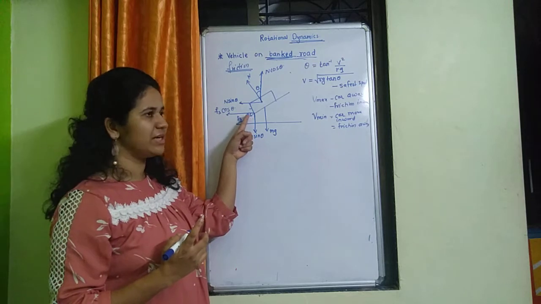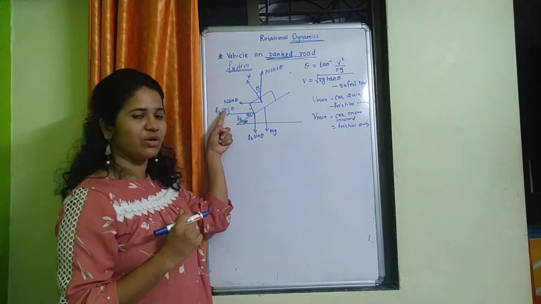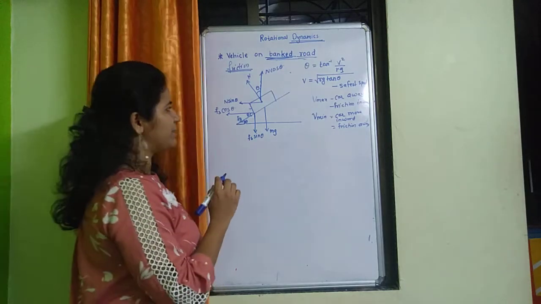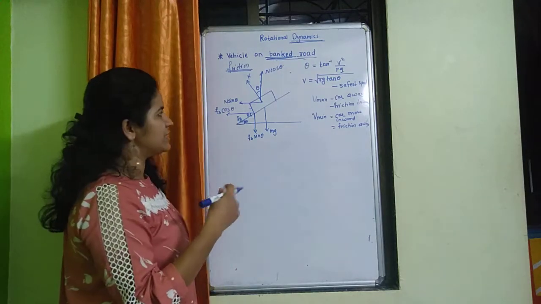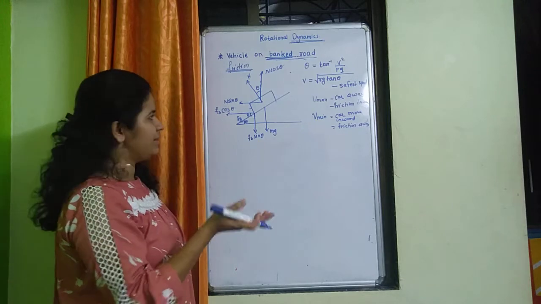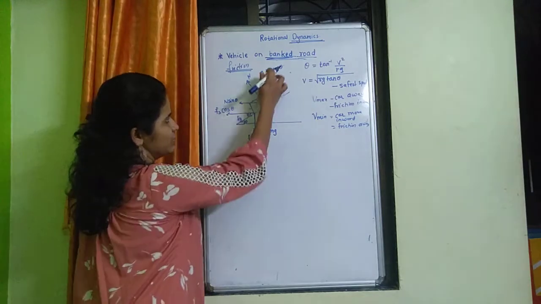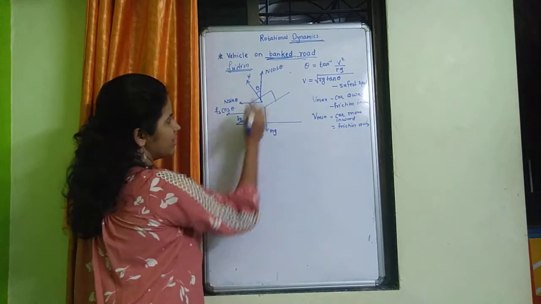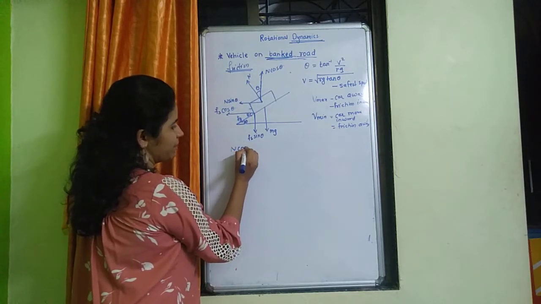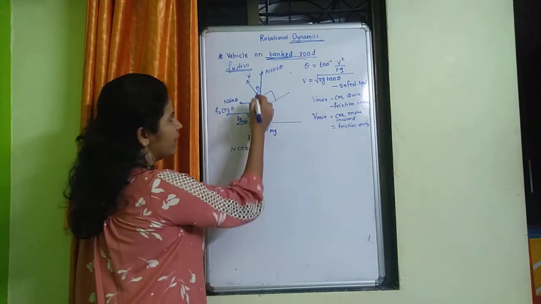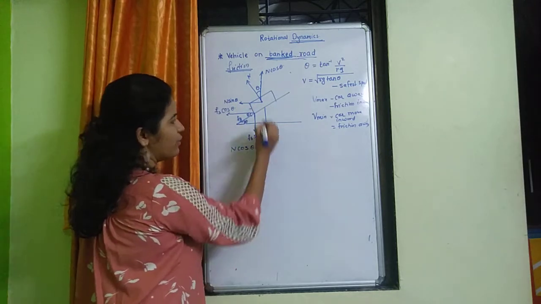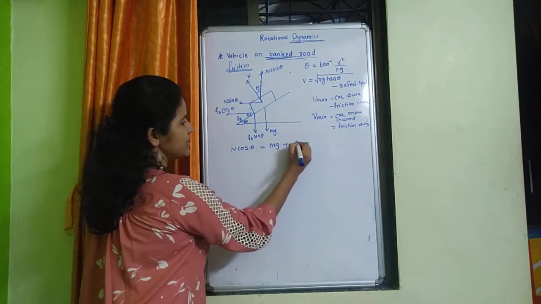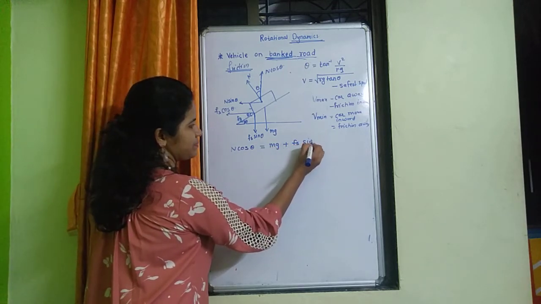It again has two components: Fs sin theta, which is inward, and Fs cos theta. This is the alternate angle. Nearest to theta there is always the cos component, and away from it the sin component. For the equilibrium condition we adjust the upward and downward forces. The upward force is only N cos theta. The downward forces are two: mg plus Fs sin theta.